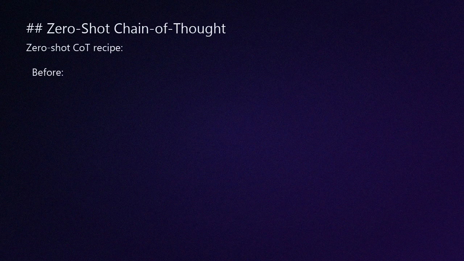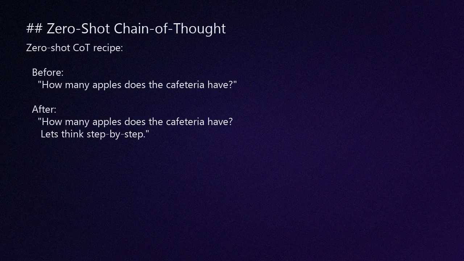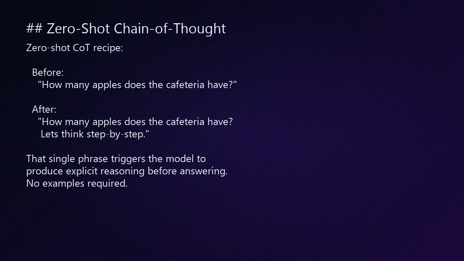The chain of thought example we just saw required us to write out a worked example. But there is a simpler version that often works surprisingly well, zero-shot chain of thought. Instead of providing an example, you simply append the phrase, "Let us think step by step," to your question. That is it.